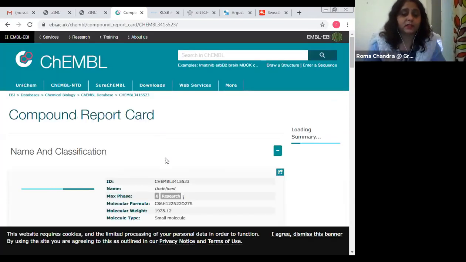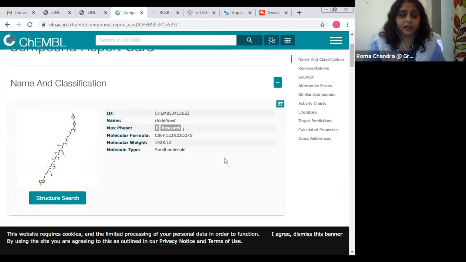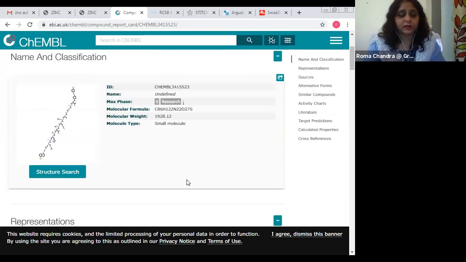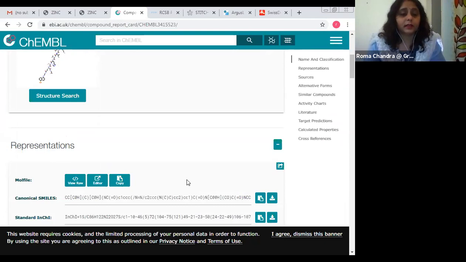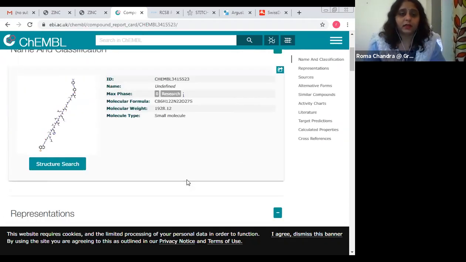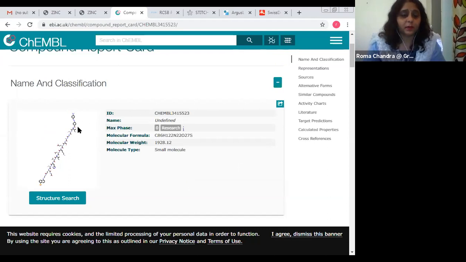This is a random search which I have done. I just clicked on the search button and got to know these are the compounds already in the database. What is this compound? You can study it. The name of the compound is presently undefined. It is a small molecule. The molecular weight is here and the molecular formula is here.